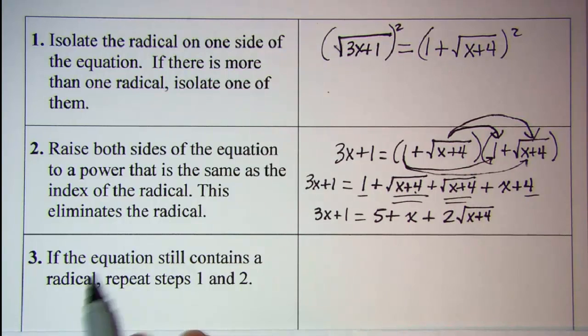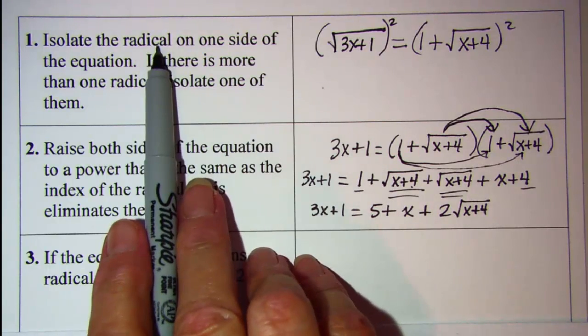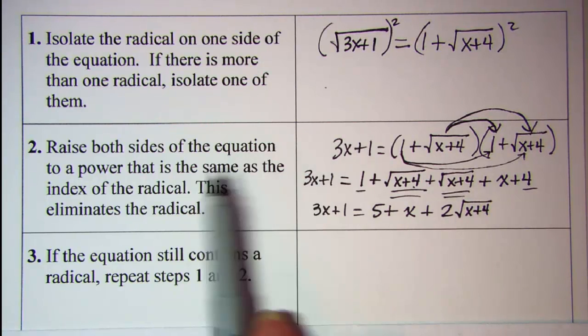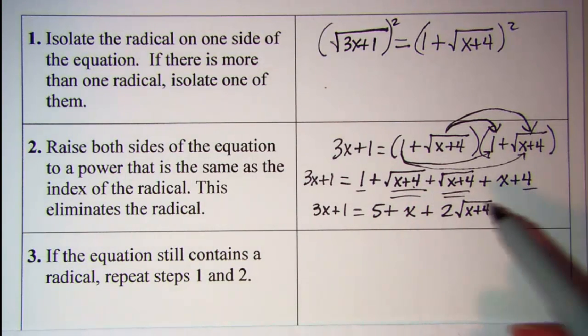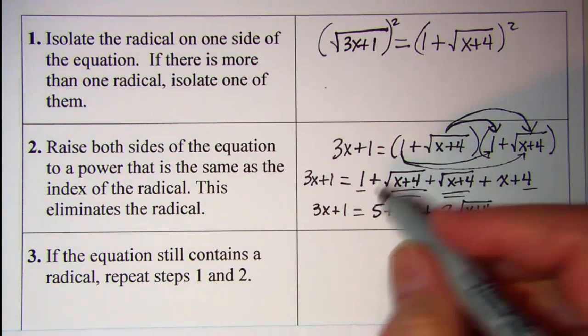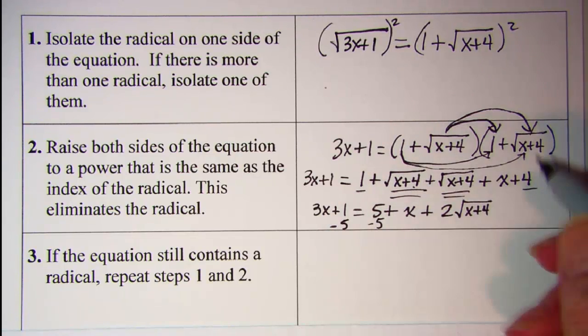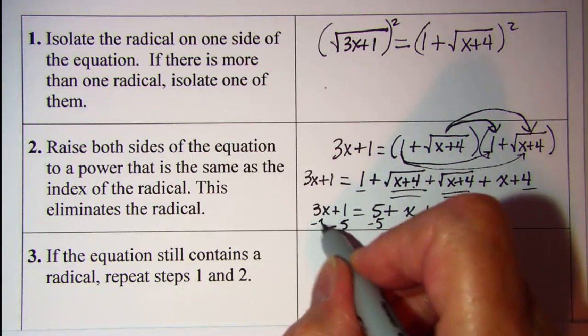Because if the equation still contains a radical, we want to repeat steps 1 and 2. Which means we want to isolate that radical, this right here, and then raise both sides of the equation to the second power. So let me isolate this radical. I'll subtract 5 from both sides, and I'll subtract x from both sides.